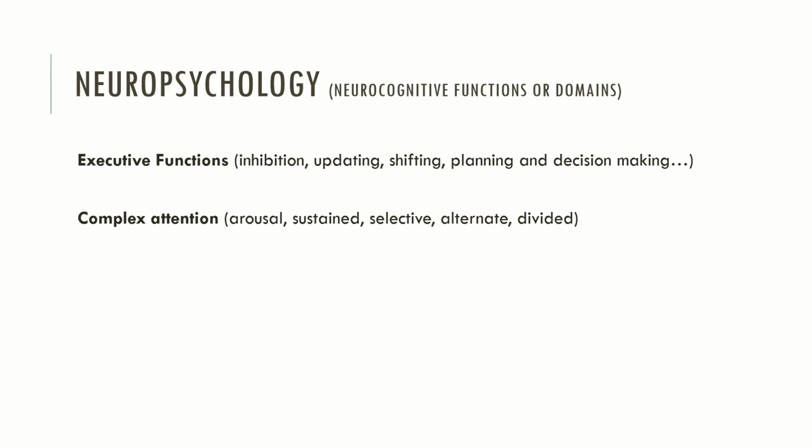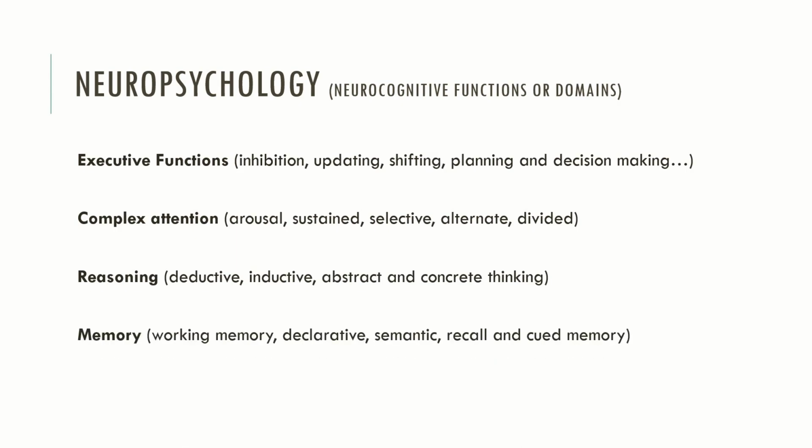Also, reasoning, where we can find deductive, inductive, abstract or concrete thinking. Memory, of course, clinical neuropsychologists are very focused on memory. It's a hot topic in neuropsychology. Within memory, we can find working memory, declarative, semantic, recall and cued memory, which are two different processes.